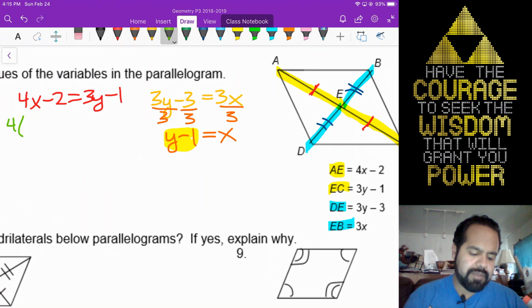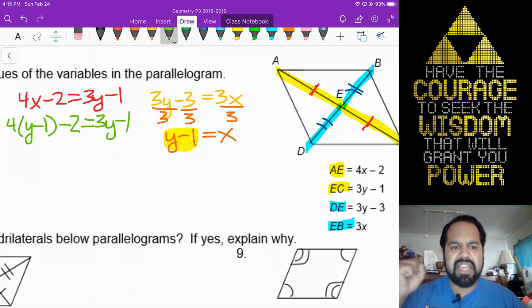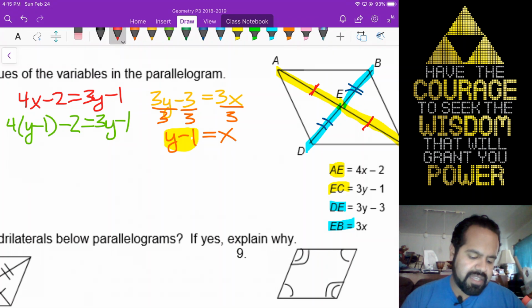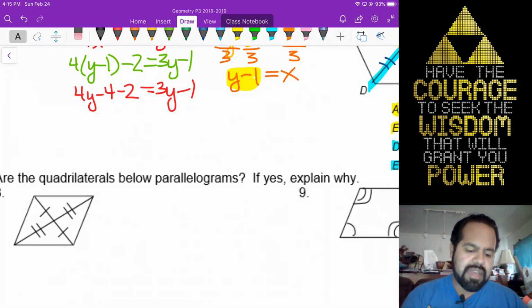So 4 times the quantity of y minus 1 minus 2 equals 3y minus 1. Yeah. So then distributing, 4y minus 4 minus 2 equals 3y minus 1. Now from here, combine like terms, 4y minus 6 equals 3y minus 1.